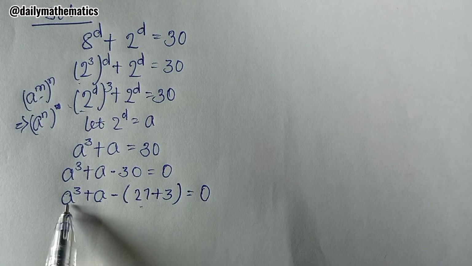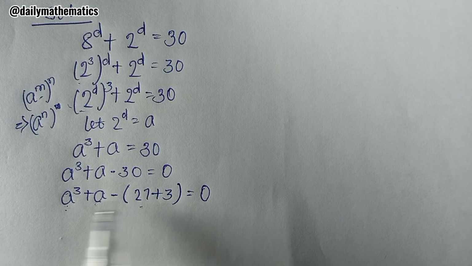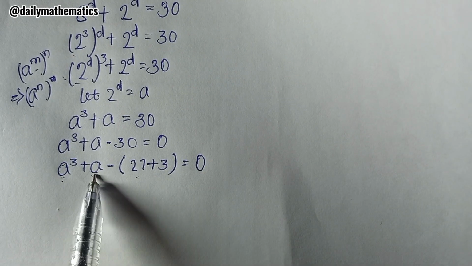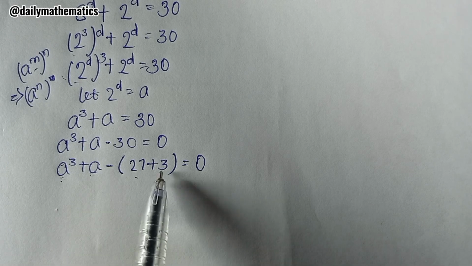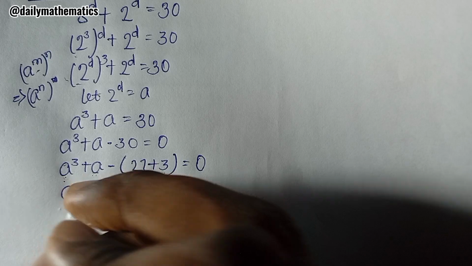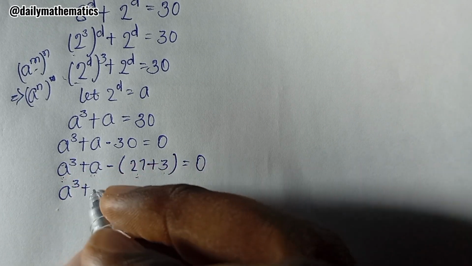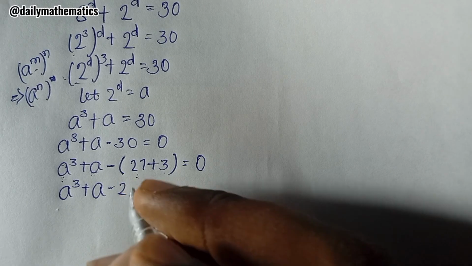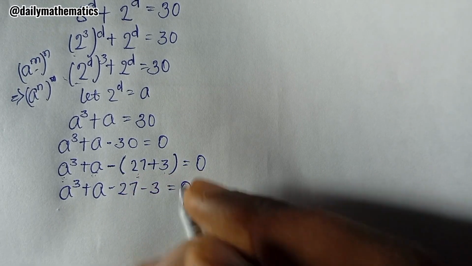We join it to this one, and this is the single number. Remember, 27 is 3 cubed, and 3 is the single number. So from here we can have a cube plus a, and the minus opens the bracket: minus 27 minus 3 equals 0.